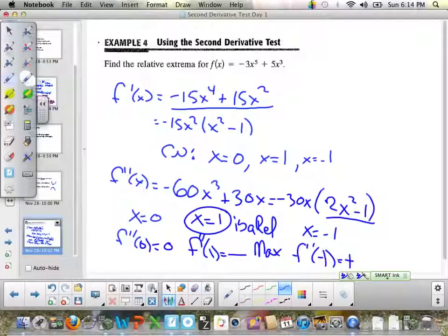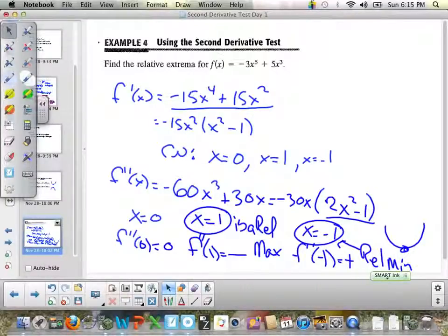So f double prime of negative 1 is positive, which means it's concave up like a cup, and a cup has a bottom. So x equals negative 1, because it's concave up and a critical number where the derivative is equal to 0, is a relative minimum.